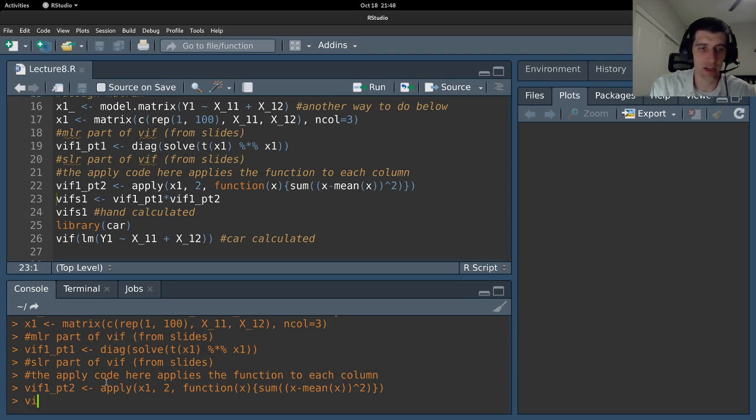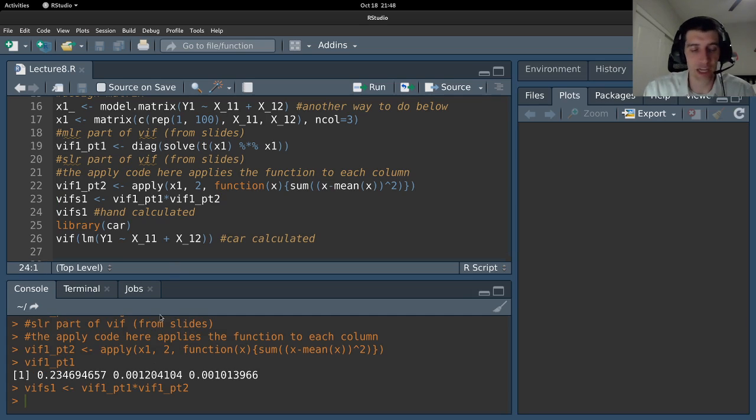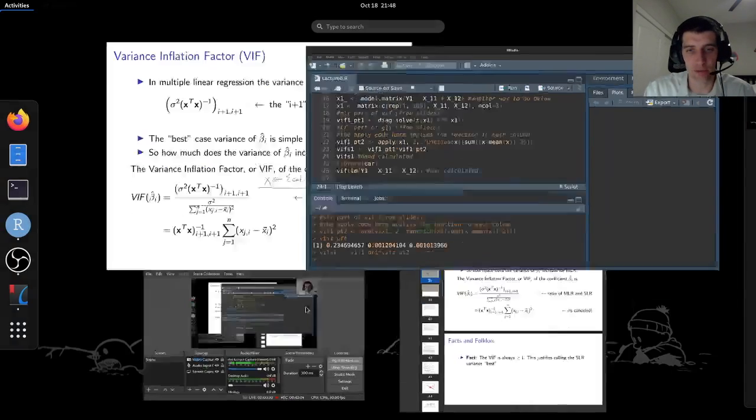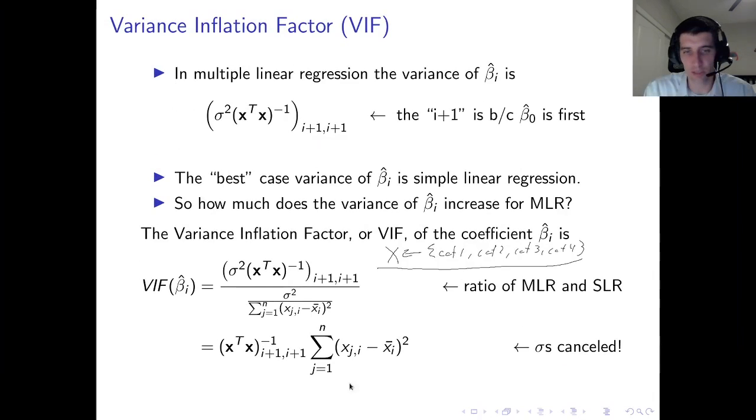So this gives me the sum of the squared differences of the predictor values minus its sample mean for each of the observations. And then to find the actual VIFs, I take the product of those two, as we saw in this expression. So I'm taking the product of the diagonal bit and the simple linear regression bit.